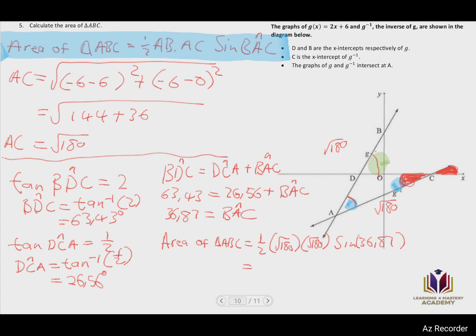Then this will give us half, square root of 180, square root of 180, sine of 36.87. This is going to give us 54.00. That's the area for this triangle.